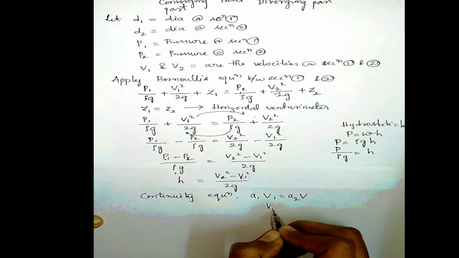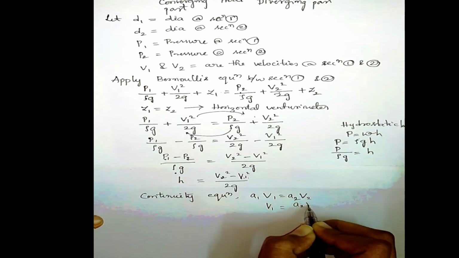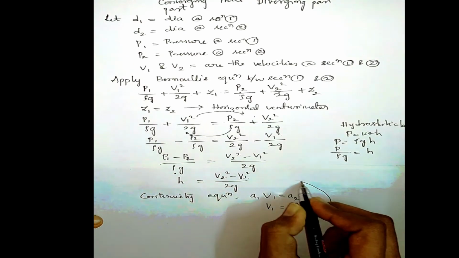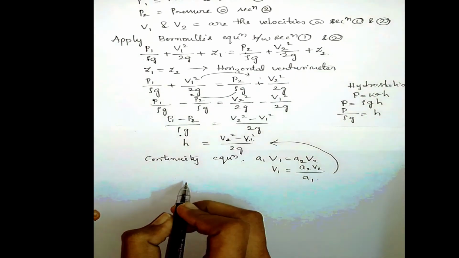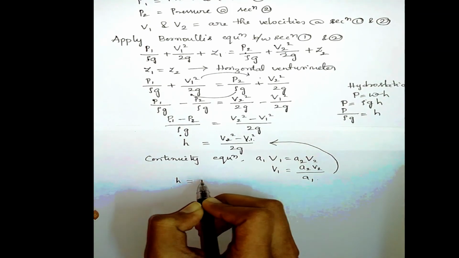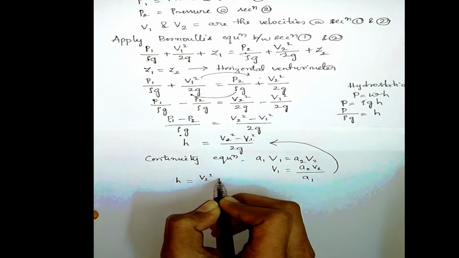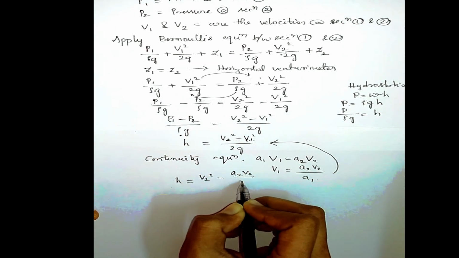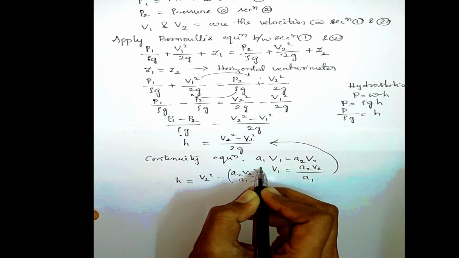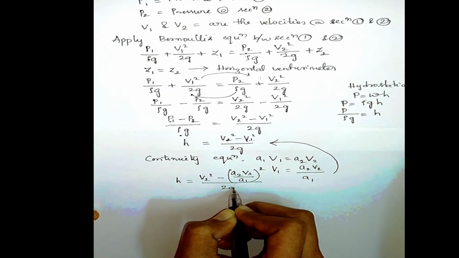From this, V1 is equal to A2 V2 divided by A1. Substitute this V1 in the equation. So H is equal to V2 square minus (A2 V2 divided by A1) whole square, divided by 2g.